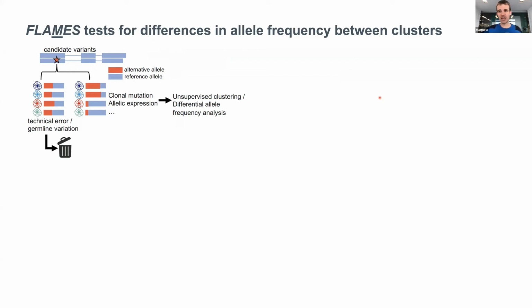So if there's a mutation there, but it's fairly consistent in its allele frequency across all the different clusters, we might think that's a technical artifact or a germline mutation. So less likely to be interesting, versus ones where there's a very distinct shift in allelic expression across different clusters. Those are the ones that we think are more likely to be interesting.